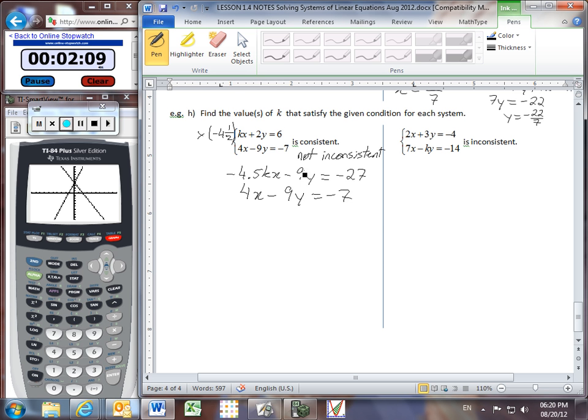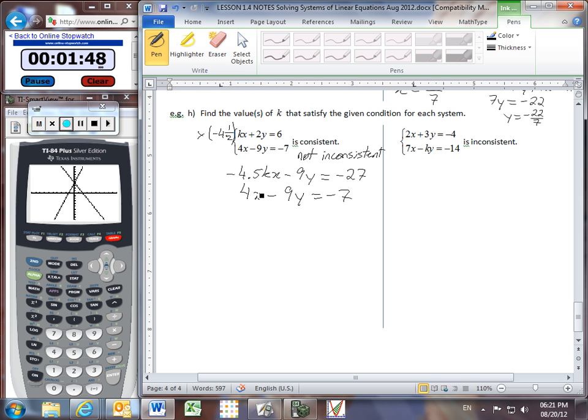Well, I've managed to get my y's the same, and these ones are different, which is what I want in an inconsistent system, but if I want to have a consistent system, then I need to make sure that these ones are, well, let me just think about what I want to do here. If it's not inconsistent, it must be consistent.